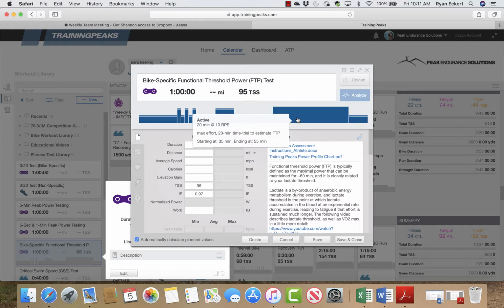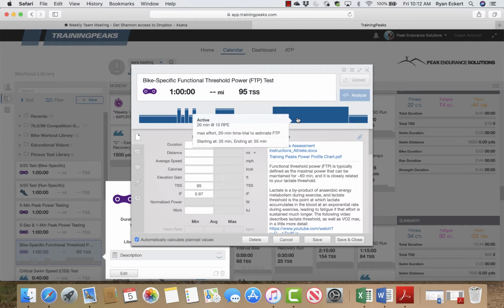For cycling tests, for example, these are pretty easy to do now indoors. Indoors is honestly one of the better options because you can control the environment. You can do it in the same conditions, on the same trainer, under the same circumstances every single time. You'd want to try to do them at roughly the same time of day.